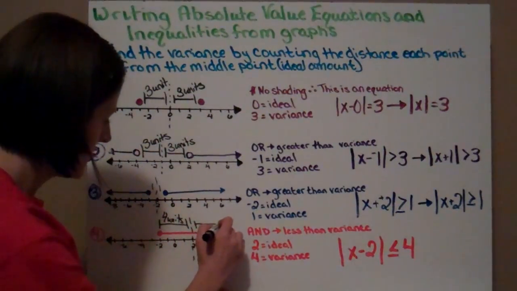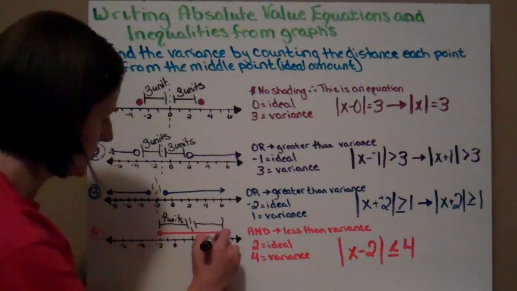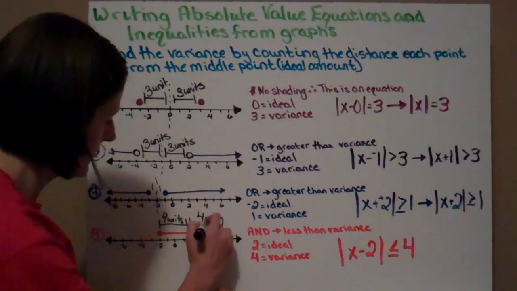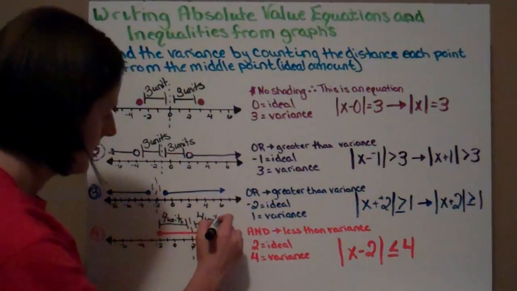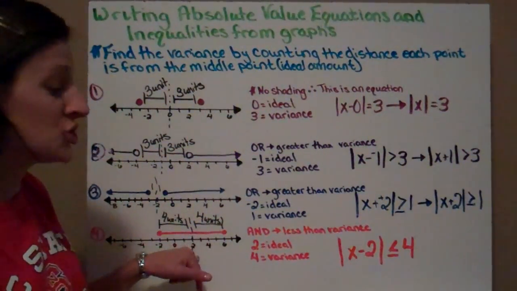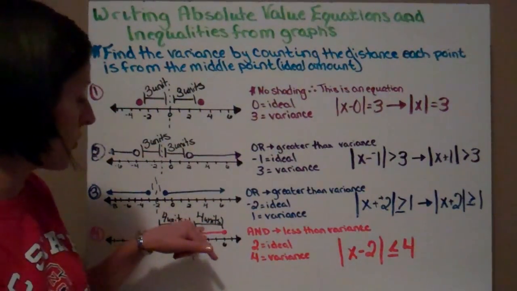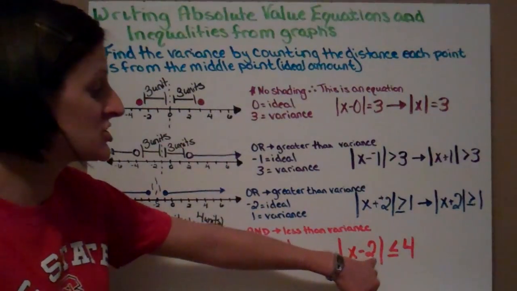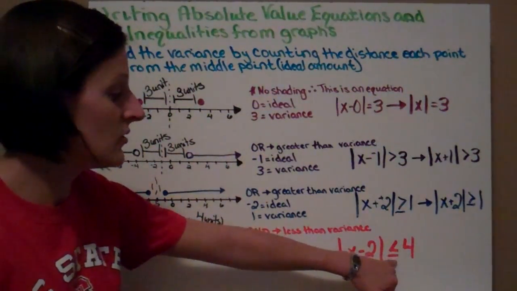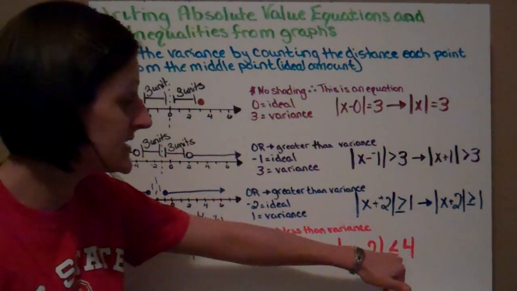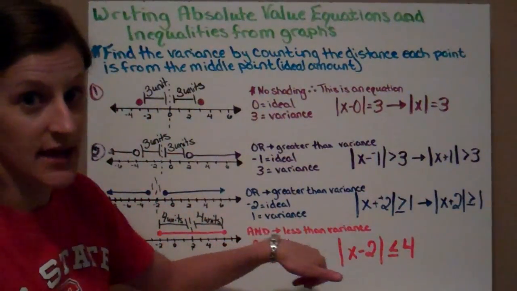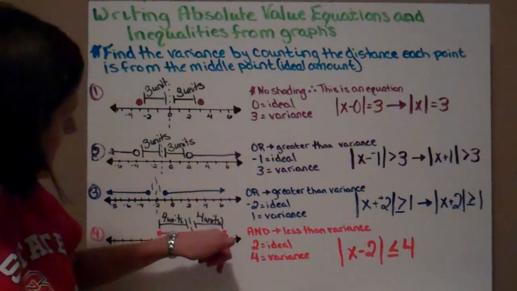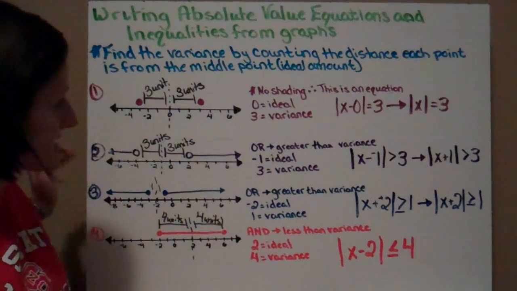And from here to this 6, I have 1, 2, 3, 4 units as well. So my ideal was 2, my variance is 4. So I'm going to have the absolute value of x minus 2 is less than or equal to 4. And I did less than because it's an AND statement. And it's equal to because I have closed dots on these 2 ends.